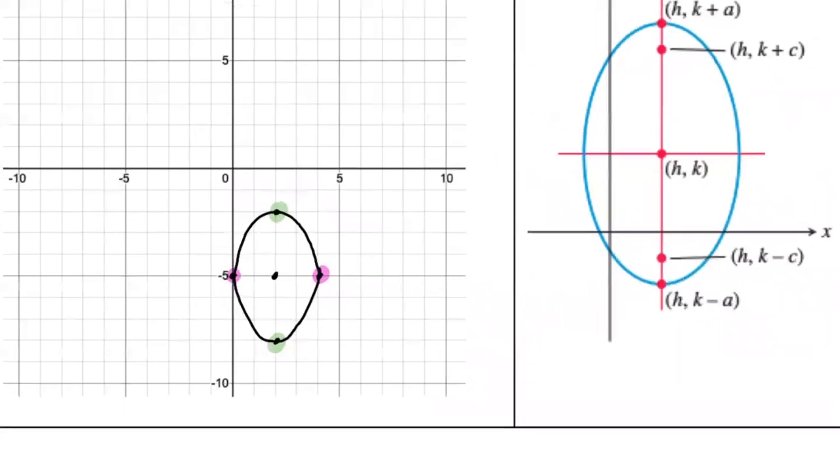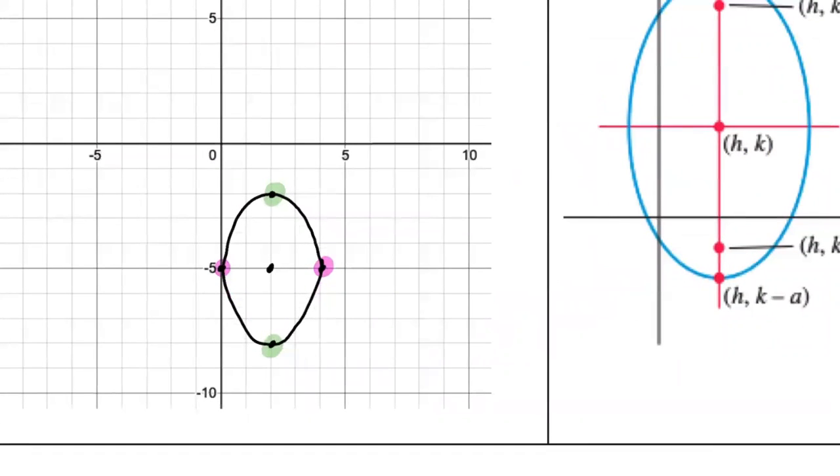The points that are further away from the center, we call those the vertices. The ones that are further away from the center are the vertices.